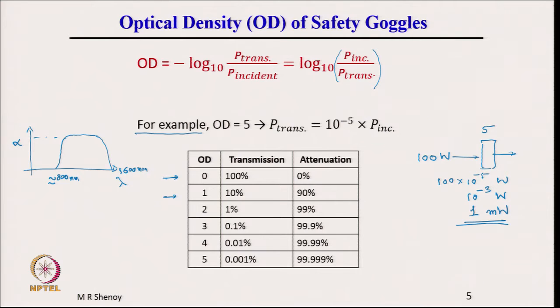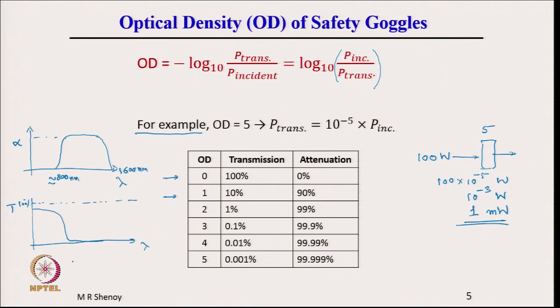In terms of the transmission, I could show lambda versus transmission. If I plot that, let us say this is 100% transmission, then when you use the goggle, the transmission is slightly lower, and then it drops down like this and almost blocks.